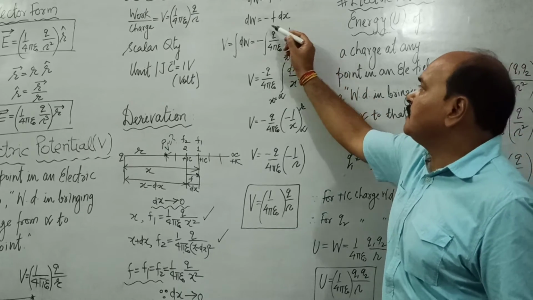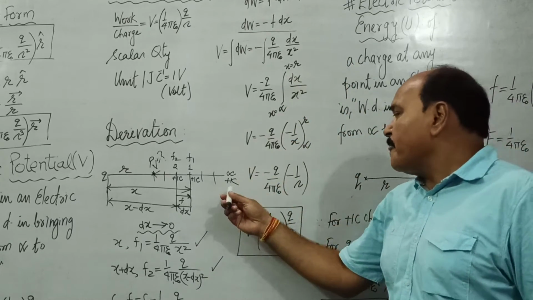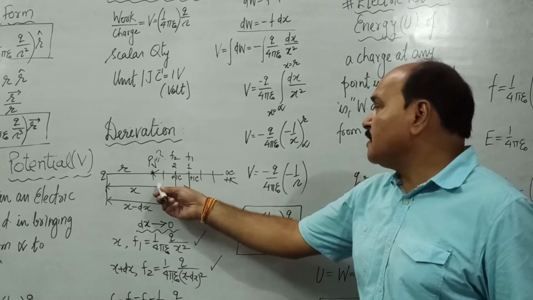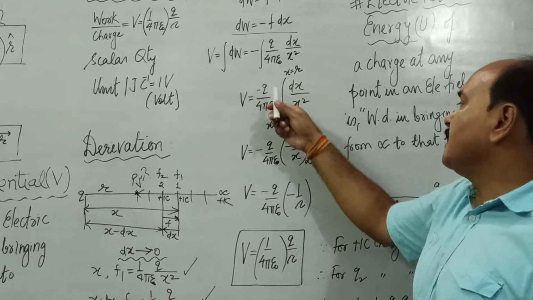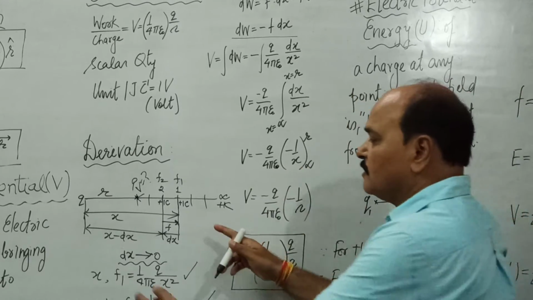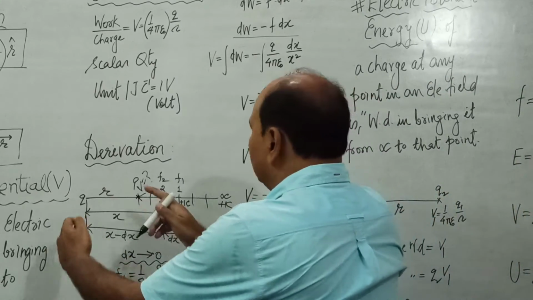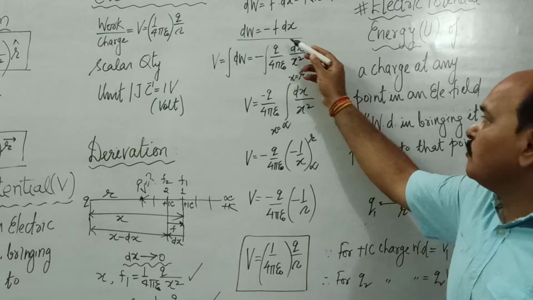Well, this is the work done for a very small displacement. For finding out the work done for movement from infinity to this point, we integrate it from x is equal to infinity to x is equal to r. So once we integrate it from x is equal to infinity to r, we get the total work done.